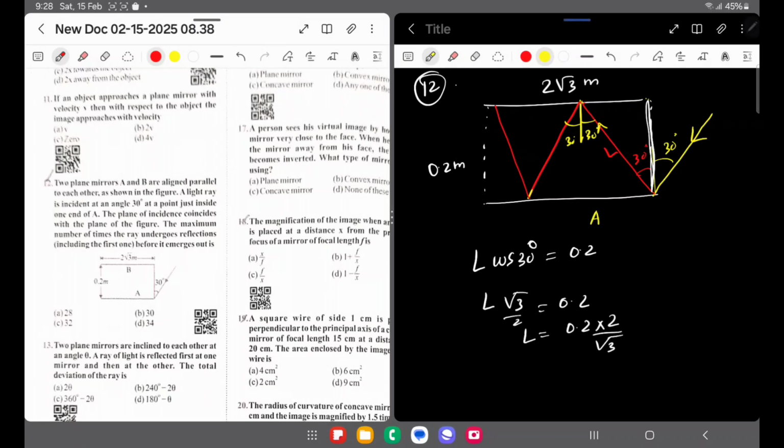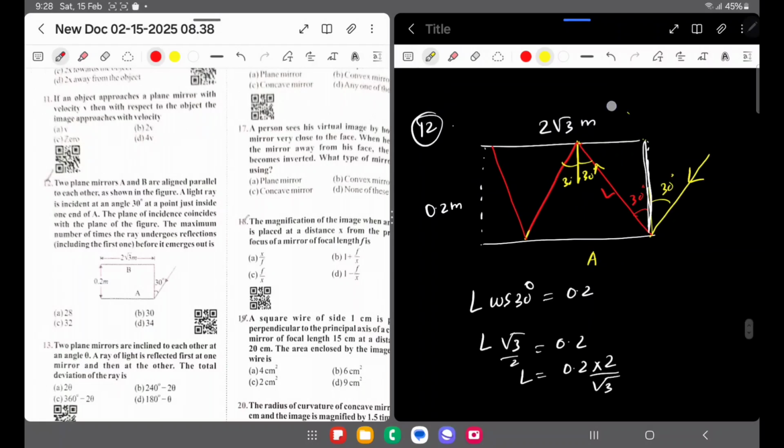Now we know this distance also, it's 2 root 3. If you consider this part of the reflection as a single reflection, the projection of this L over this line is equal to L sin 30.